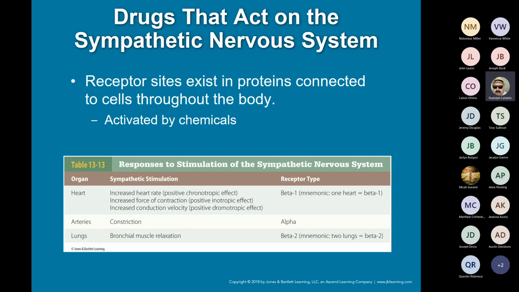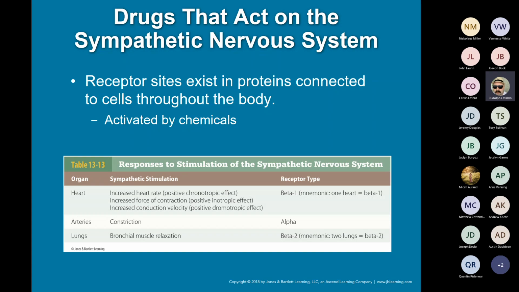So beta 1, if you look at the receptor label on the right, beta 1 refers to your heart. Alpha refers to your arteries. Beta 2 refers to your lungs. How I remember it is how it says right there. I know that alpha and artery both begin with A. So if I have a medication that's an alpha agonist, it's going to work on my arteries by constricting them or dilating them.